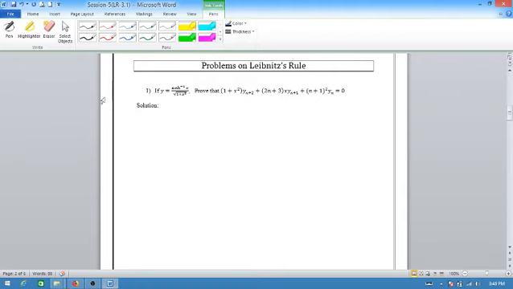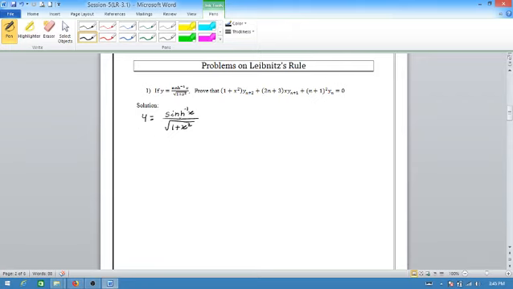So consider the given function. That is y is equal to sine hyperbolic inverse x divided by root of 1 plus x square, right? So now you have to differentiate two times.